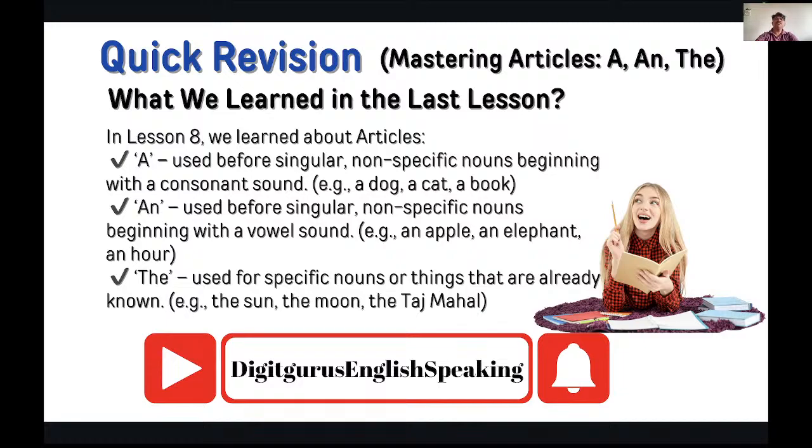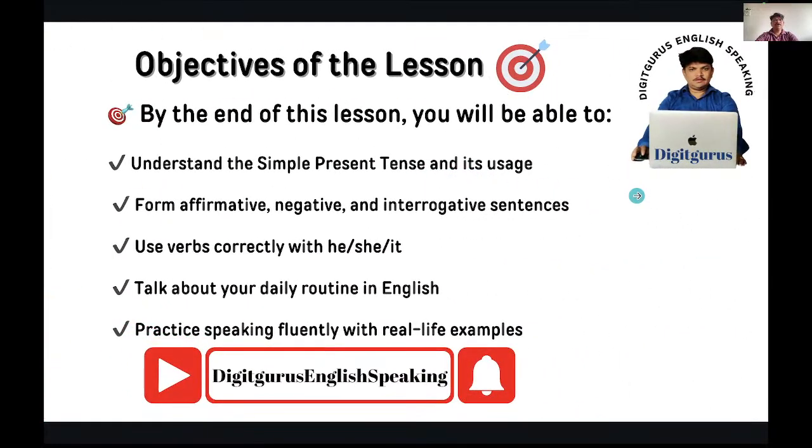Now let us move on to lesson number 9 and learn how to describe daily routine using the simple present tense. Lesson objectives. What we are going to learn. By the end of this lesson, you will be able to understand the simple present tense and its uses.